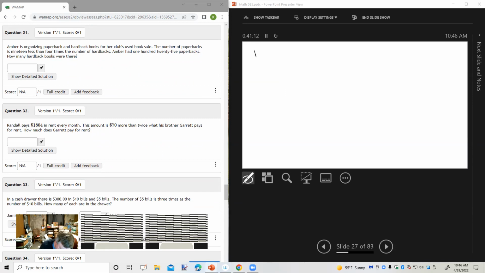Next up is number 31. Amber is organizing paperback and hardback books for her book club's used book sale. The number of paperbacks is 19 less than 4 times the number of hardbacks. Amber has 120 paperback books. How many hardback books are there? So what's the question?